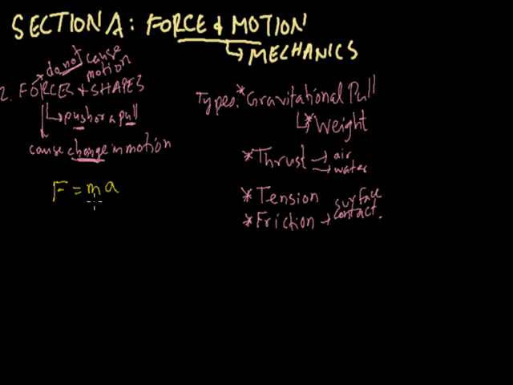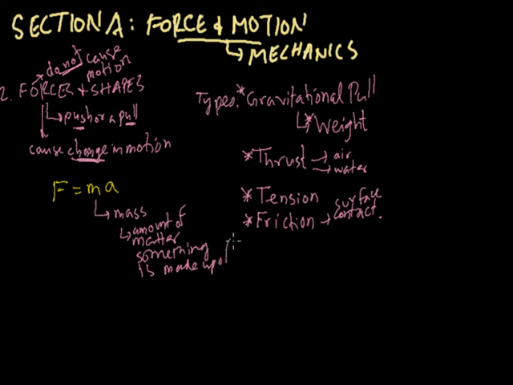Mass is the amount of matter something is made up of. So whenever we're talking about mass, we're actually talking about the amount of matter something is made up of. The unit is kg.